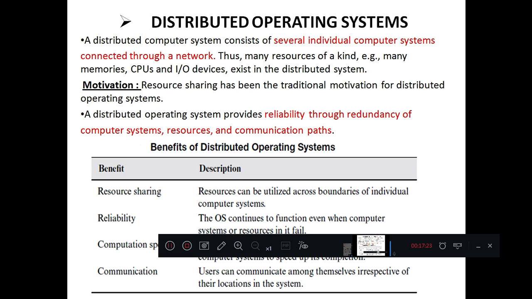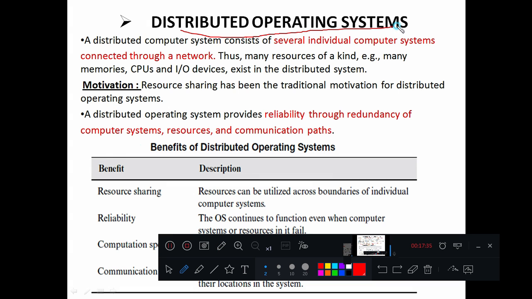But if I distribute the work of a Google server to some more servers, such systems are called distributed systems, right? So instead of maintaining everything centralized at one place, I distribute the different work throughout the internet.